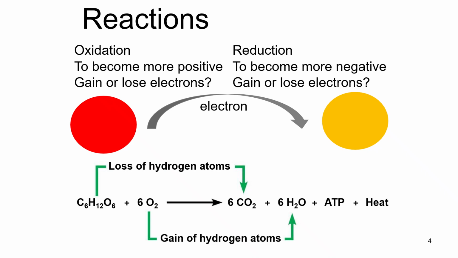Glucose is our electron donor in cellular respiration. When glucose becomes oxidized, it, in many steps, turns into carbon dioxide. Molecular oxygen, the gas, is our electron acceptor. When it becomes reduced, it turns into water.